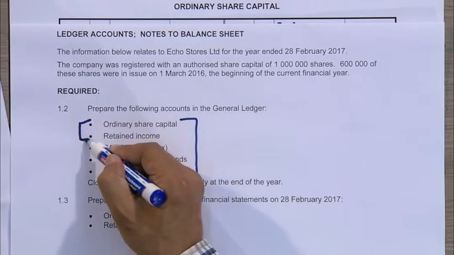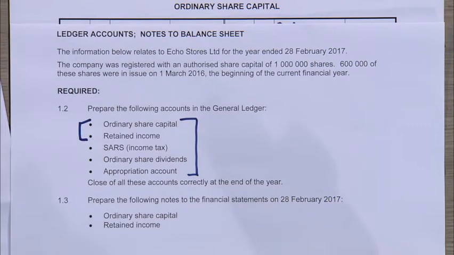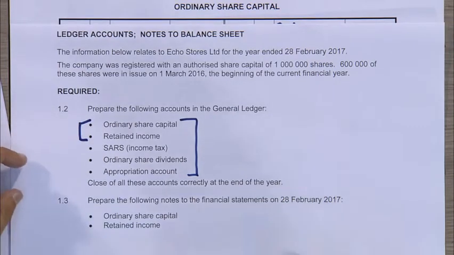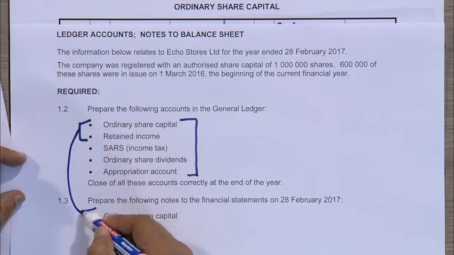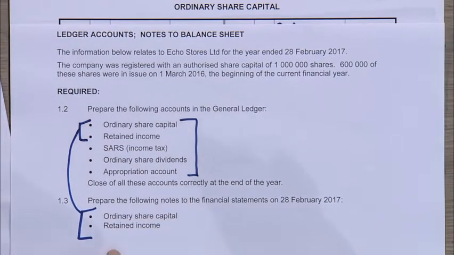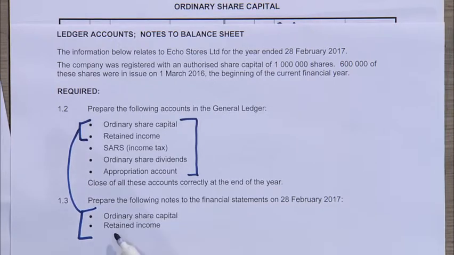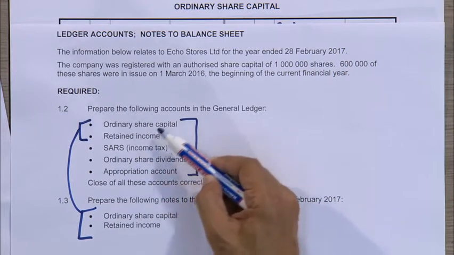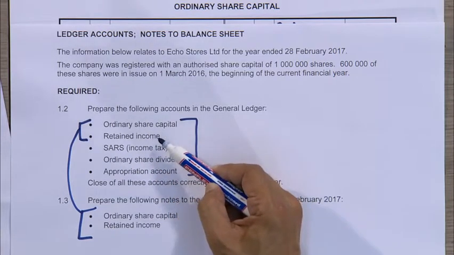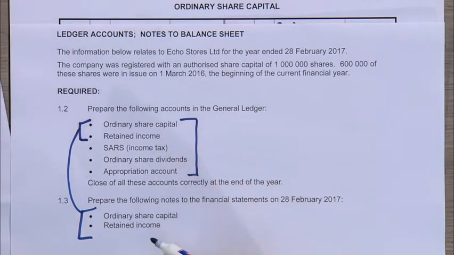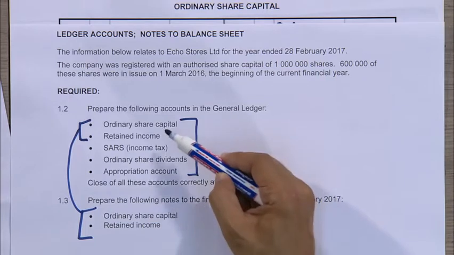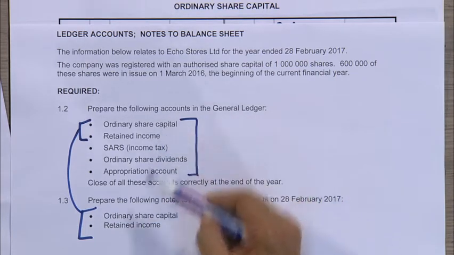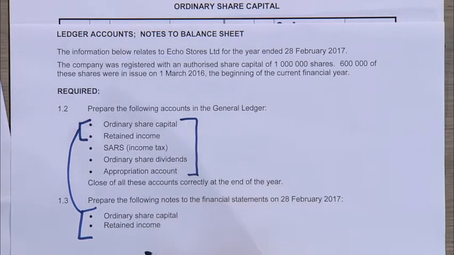Special attention needs to be paid to the first two, for example, which is ordinary share capital and retained income, because later on it is linked to a few notes that we have to prepare when we do the balance sheet, which is also called ordinary share capital and retained income. So whatever the balances we're going to find in the ordinary share capital and in the retained income should be reflected in the ordinary share capital and retained income note. So there will be a link between the general ledger account and the note for the financial statements.